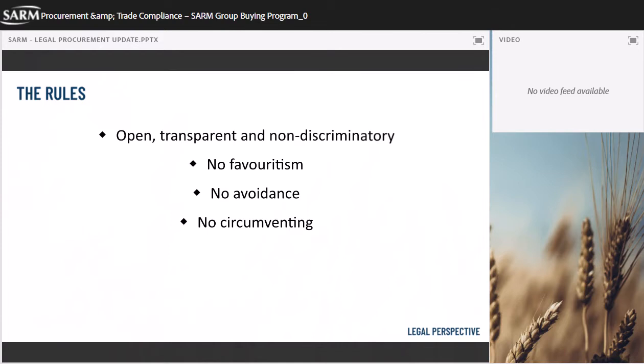So when we're looking at that, we're looking at no favoritism, which is treatment that's no less favorable than the best treatment that the party accords to its own local goods and services and to suppliers. No avoidance. What that means is preparing or designing and structuring a procurement, or selecting a valuation method, in a way that's to avoid the obligations of the CFTA.